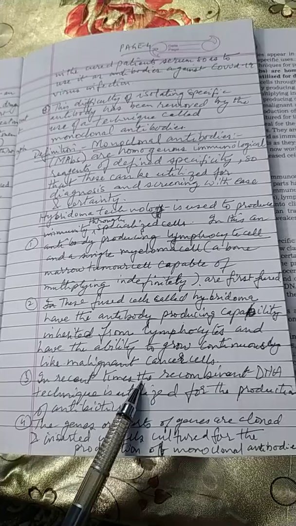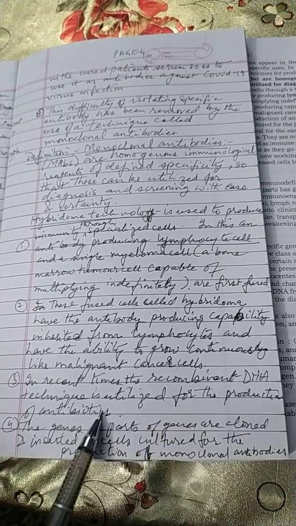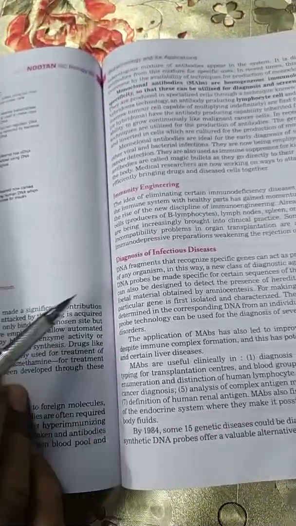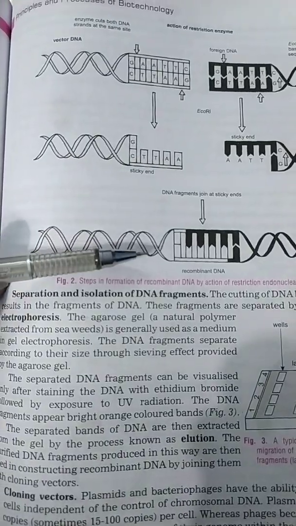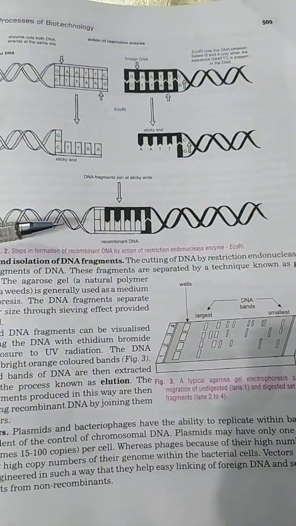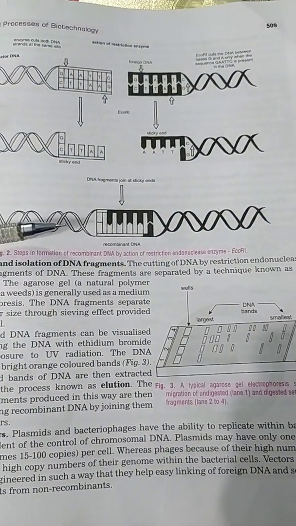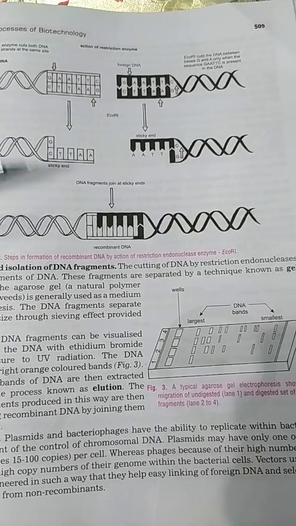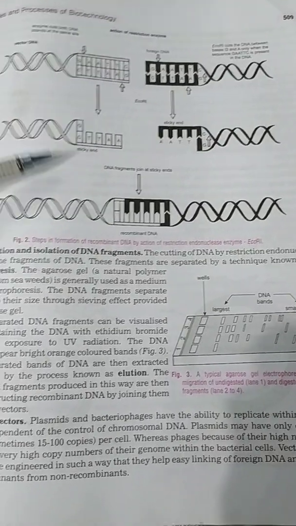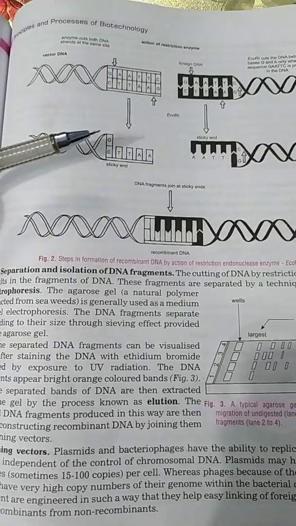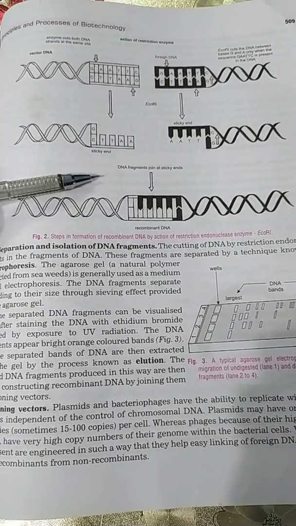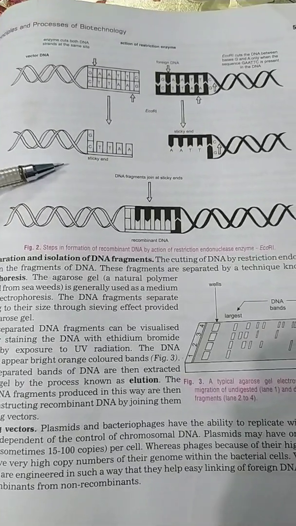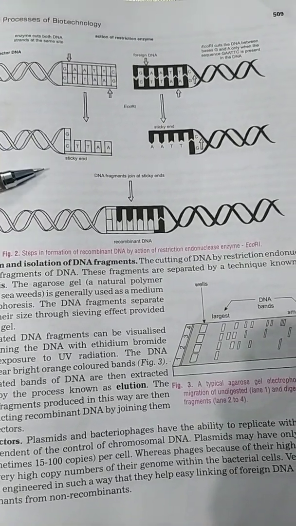And in recent times, the recombinant DNA technique, which you had seen in the previous chapter, children, was utilized for the production of antibodies. This technique, which you studied in the previous chapter of recombinant DNA formation, is utilized for production of innumerable antibodies.